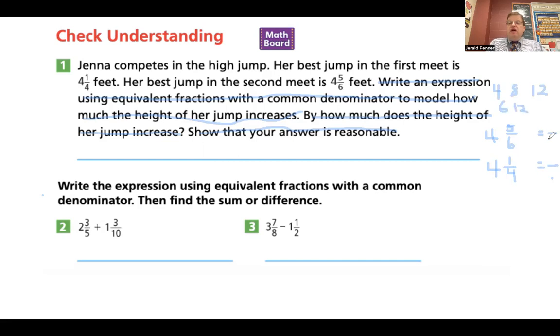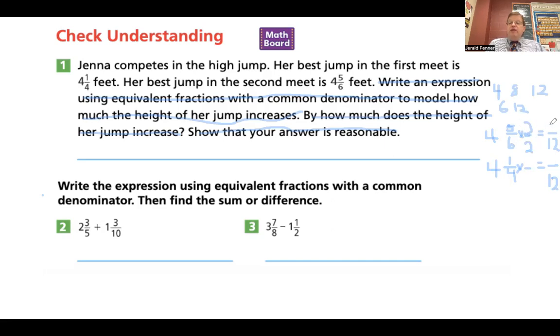So 12 is going to be our common denominator. And we're going to find out what fraction equal to 1 we can use to create 12. 6 times what gives me 12? That would be 2 halves.